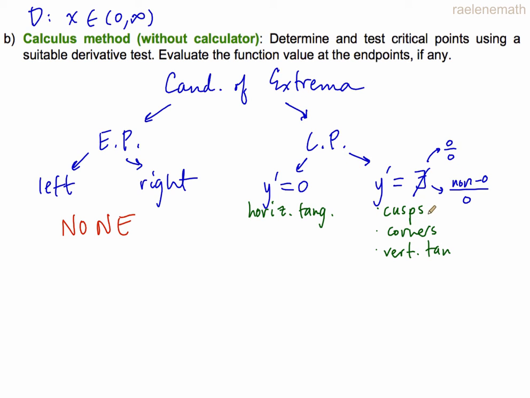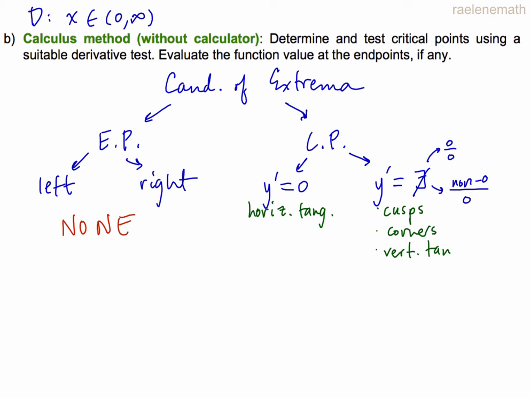Furthermore, a cusp is always an extreme point. A corner and a horizontal tangent may or may not be a maximum or a minimum. So we would have to test all of these critical points to see if there is a sign change in the derivative, or to see if we have positive concavity or negative concavity at those critical points.